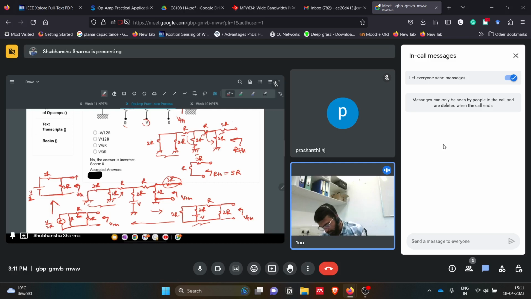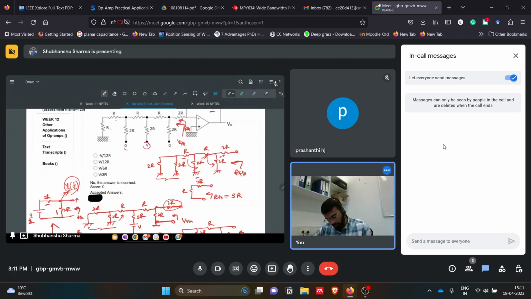Okay, so it's a simple voltage divider if we use it, so here the voltage will be V by 2 by half. Because this is 2R, this is 2R, so we are getting half of what we have as a source, so this will be V by 4. So now we have V by 4 here.